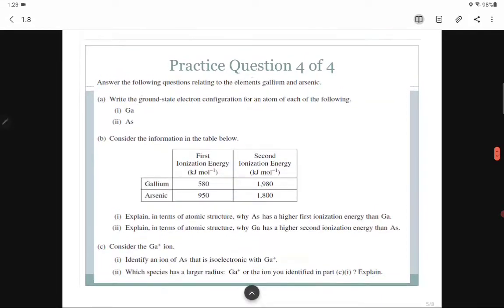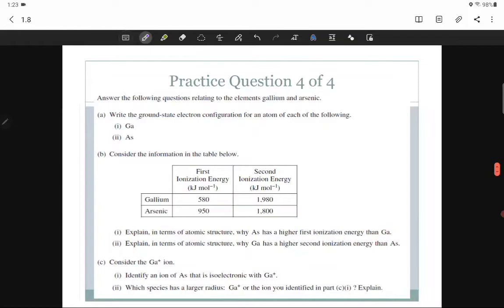This one has 31 protons, 31 electrons. Why? Because its atomic number is 31. And then this one has 33 electrons. Now, it doesn't say write the complete ground state electron configuration, but we're going to do the complete.